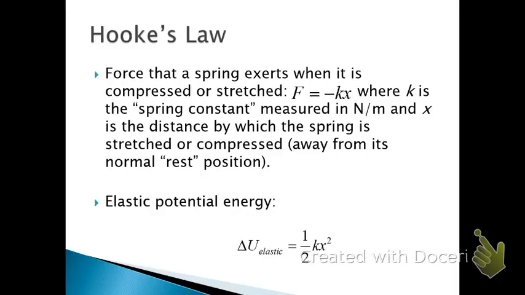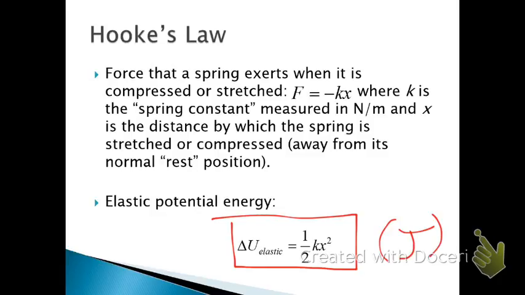I often call that U_EL or U elastic or something like that. And it equals 1/2 times k times x squared: 1/2 times the spring constant times the distance it's compressed or stretched away from its rest position, squared. And that's going to be in units of joules, just like every other bit of energy.